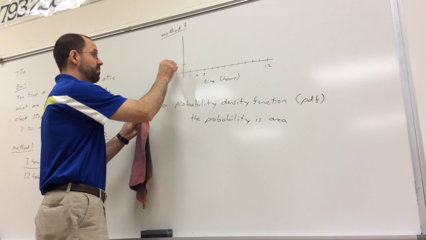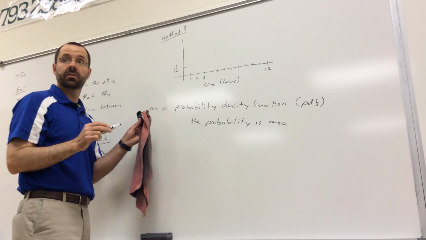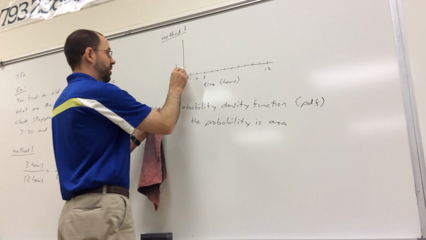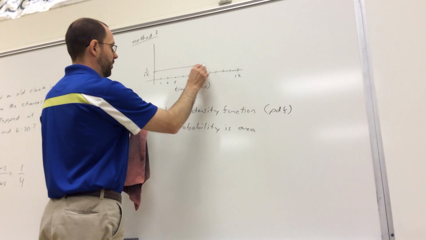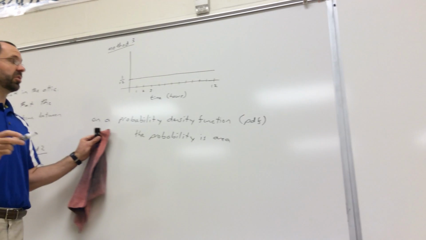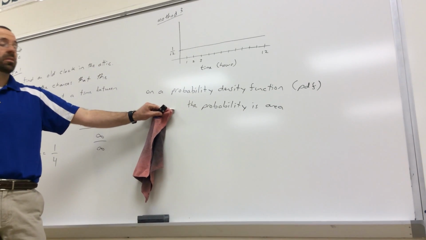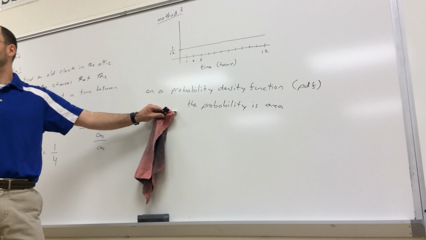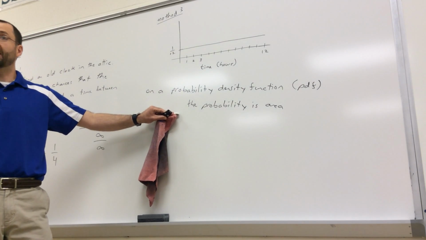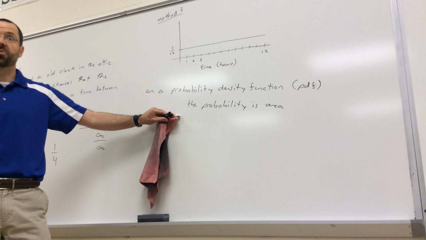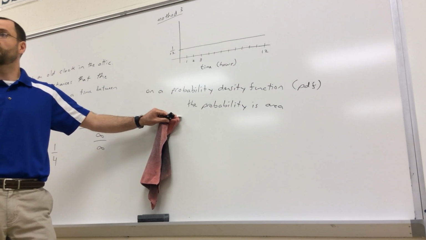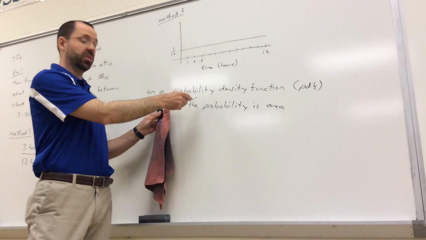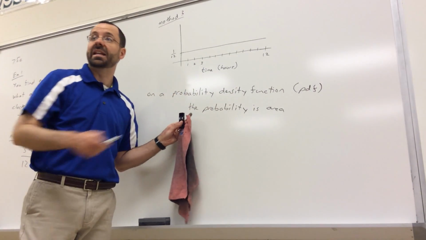I need to make the height be 1/12, right? So if I graph a function that has a height of 1/12 between 0 and 12, the reason I chose 1/12 is because now if I take the area, I get 1, which is 100%. So now the probability density function is having the probability be area.